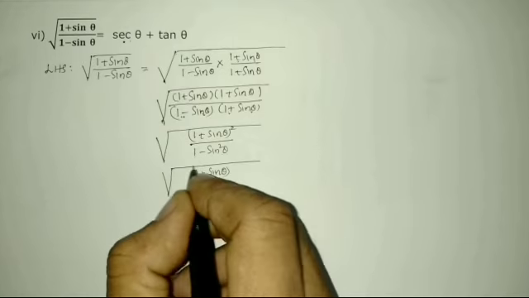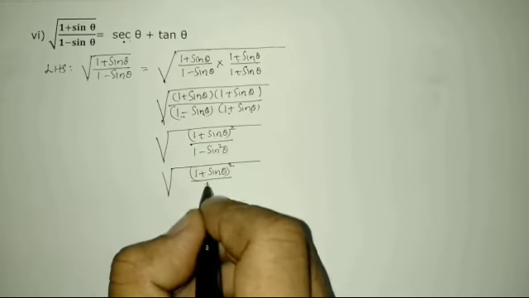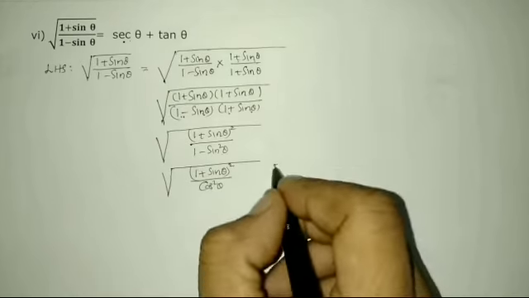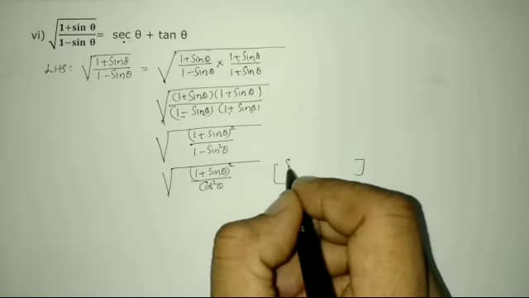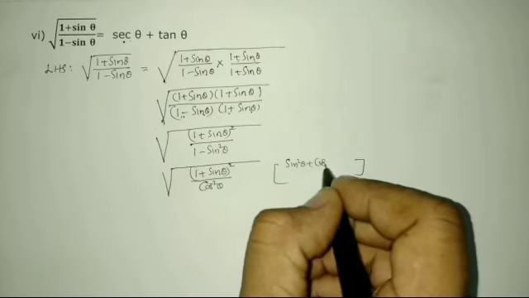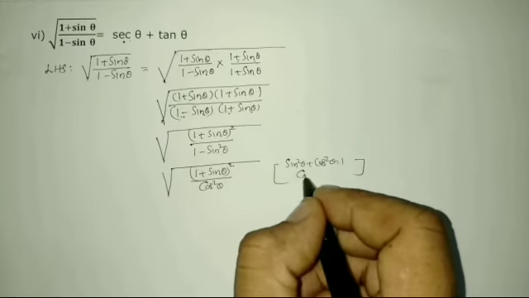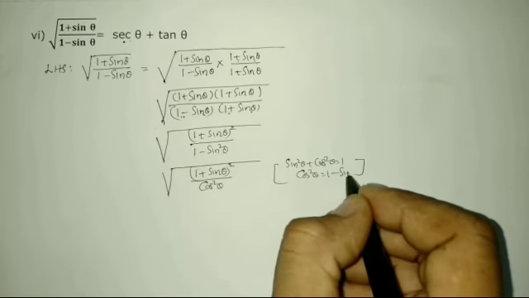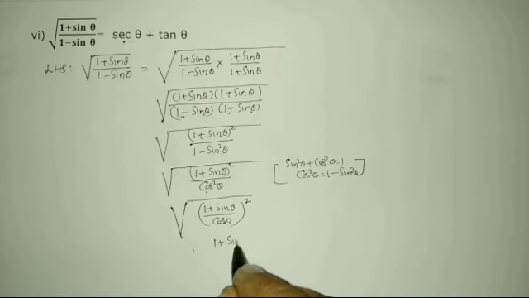So instead of 1 minus sin square theta, you can write cos square theta, because sin square theta plus cos square theta equal to 1. Cos square theta equal to what? 1 minus sin square theta. 1 plus sin theta by cos theta.